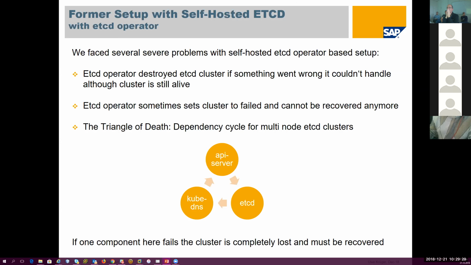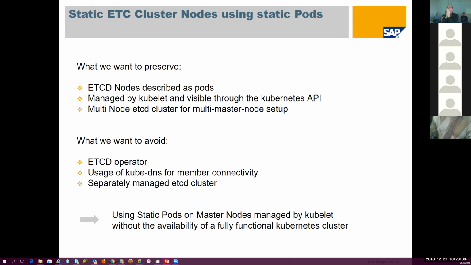So we wanted especially to preserve the feature that etcd nodes are described as pods. We still want this managed by the kubelet, and it should be visible through the Kubernetes APIs.